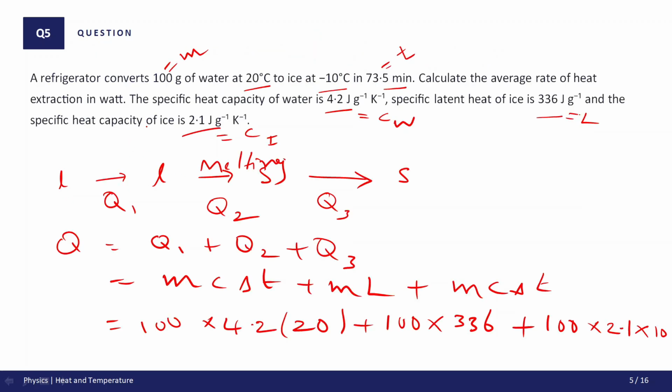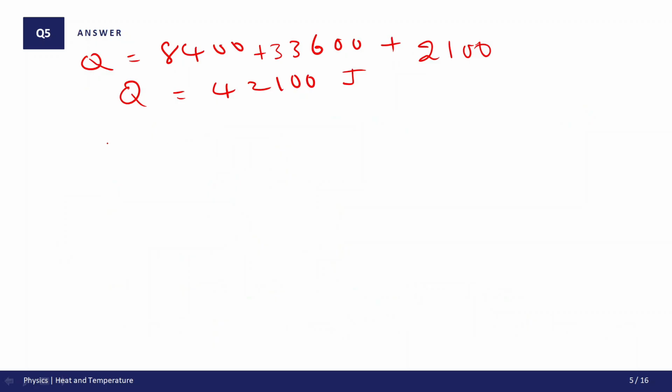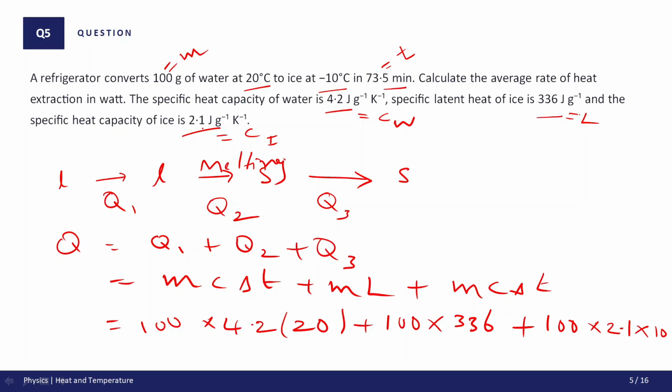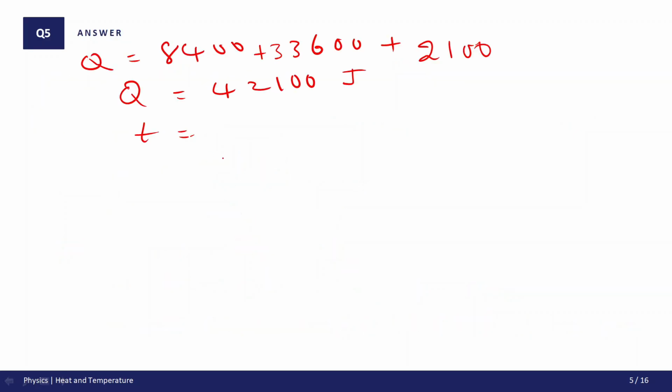In the question, he asked to find the power, average rate of heat extract in watt, power equal to. Before that, I will write the time what is given here. Time equal to 73.5 minutes given. Convert into seconds. 73.5 into 60.